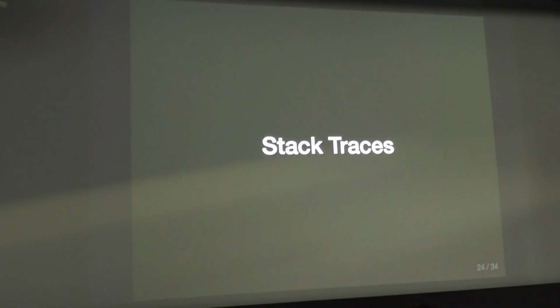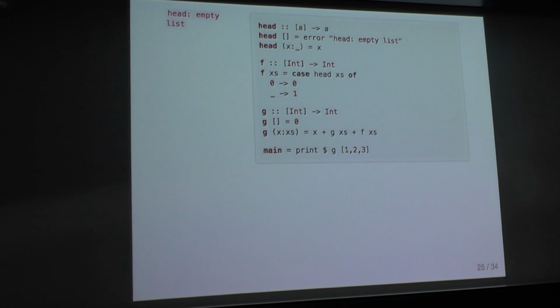Okay, next feature, stack traces. Finally, yay! Well, broken slide. Okay, so let's look at this example. The classic case for errors where you pull your hair out until you finally find it, or not. You just start the project all over again.